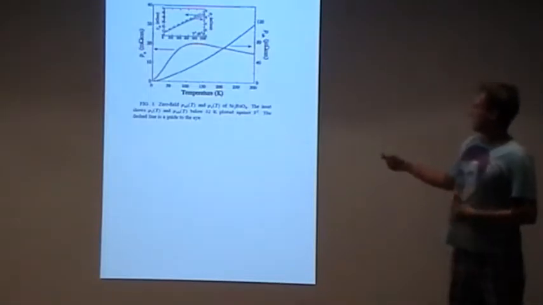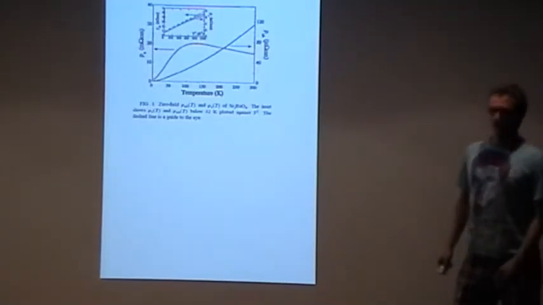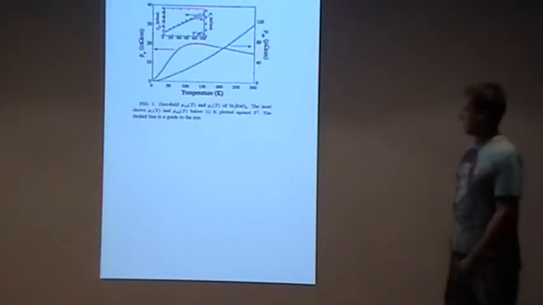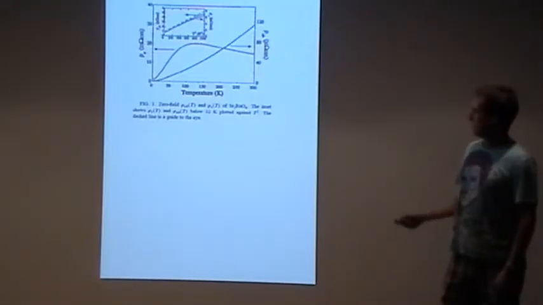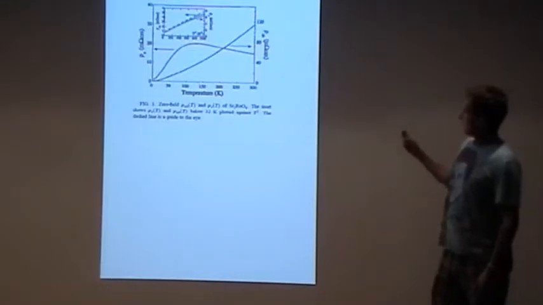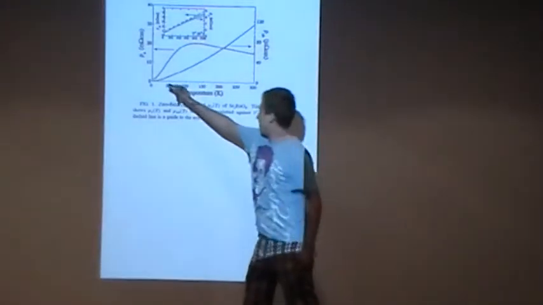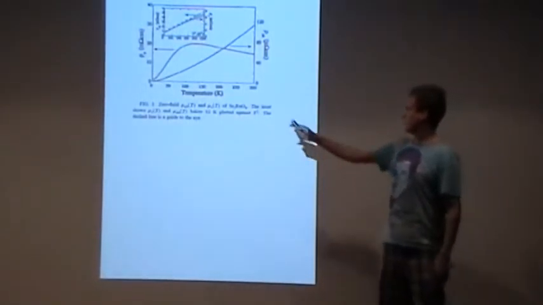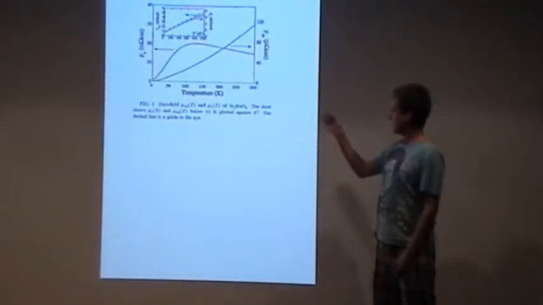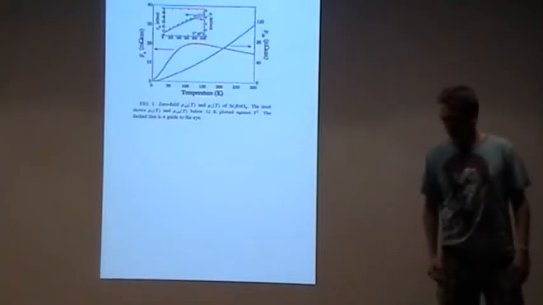So what we see here is some zero field resistivity data from Nigel Hussey's group, which I think was at Cambridge at the time. The line we see here is the c-axis resistivity. The other line, following a nice T-squared curve, is the in-plane axis.